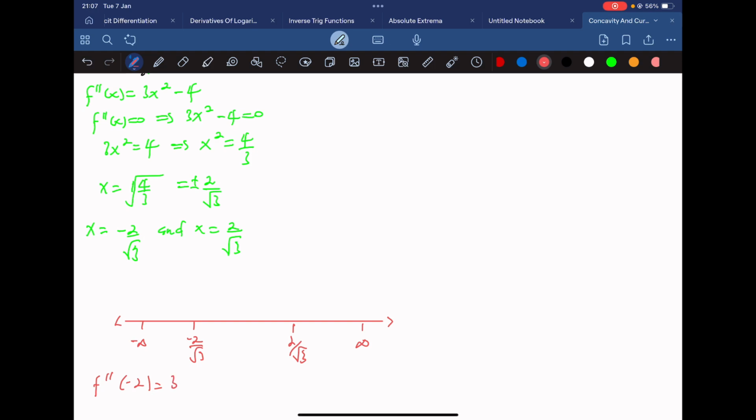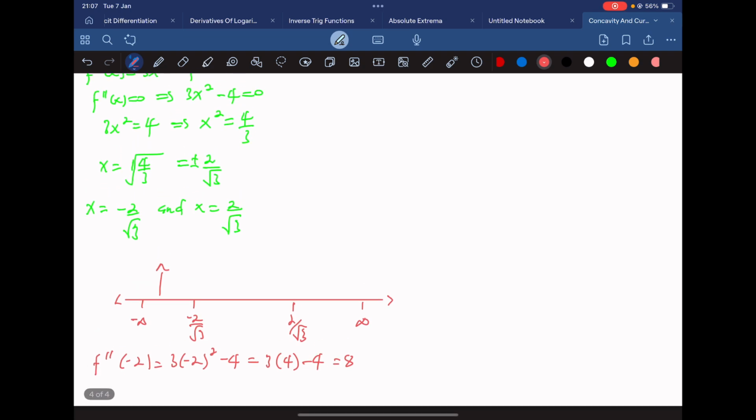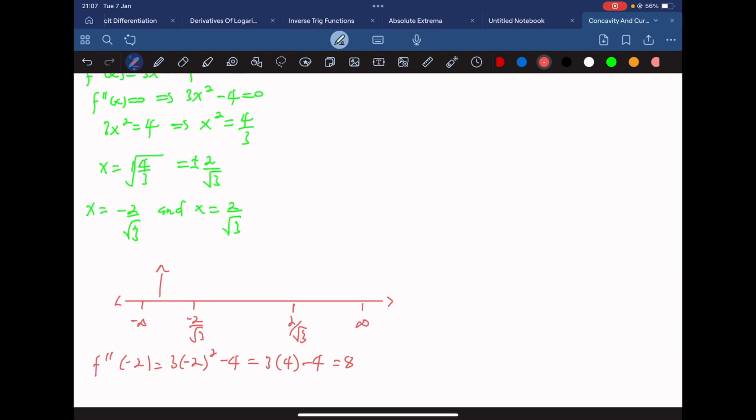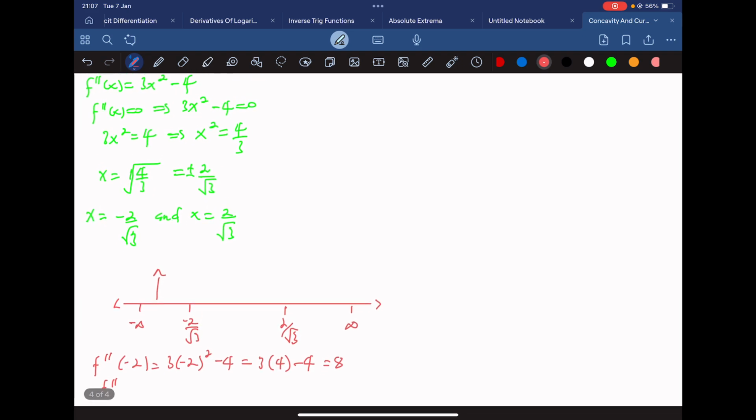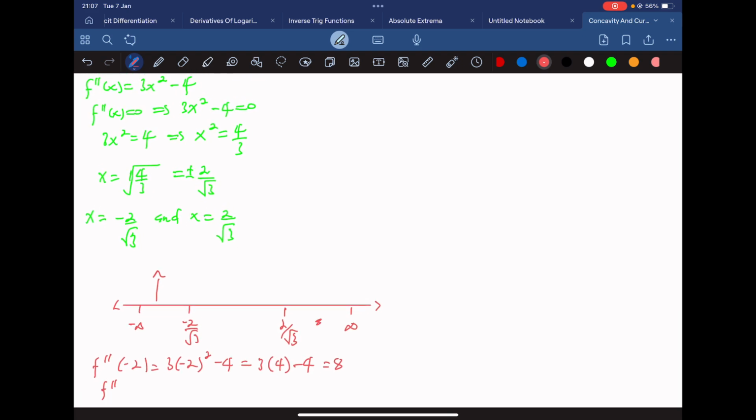So we have 3 times negative 2 squared minus 4, and this is 3 times positive 4 minus 4, which is equal to 8, so this goes up. Now we move to, let's say, f double prime of 2, which is somewhere here. We do the same thing, 3 times 2 squared minus 4, and that will also give the same result. So this also goes up.